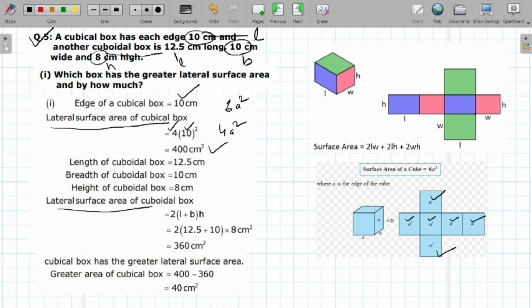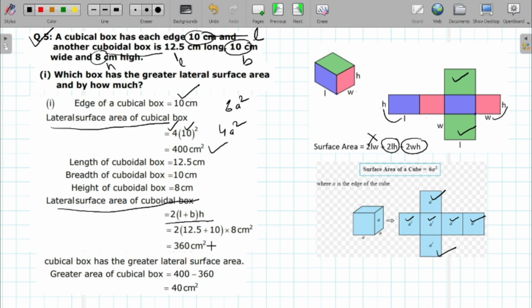Lateral surface area of a cuboidal box means we are not including top and bottom. This is L into H. This is B into H. So 2L into H and 2B into H. We are not including this part. So this will be the formula.